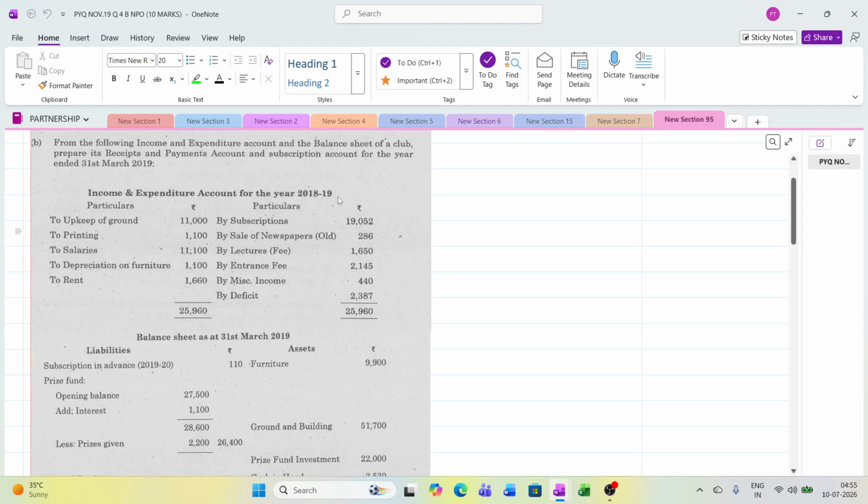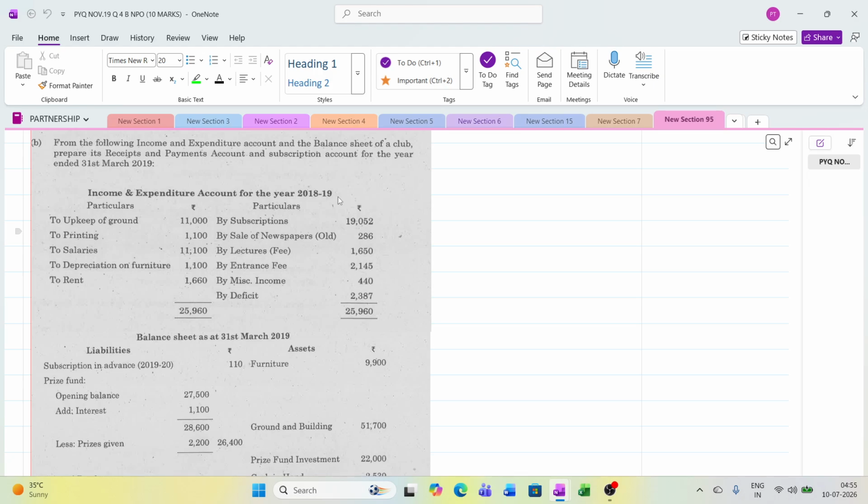Any year the money comes, it will be recorded as a receipt. For any year the payment is made, it will be recorded as a payment. The motto behind that is it should be actual cash receipt and actual cash payment, irrespective of capital expenditure or revenue expenditure, whatever it is.